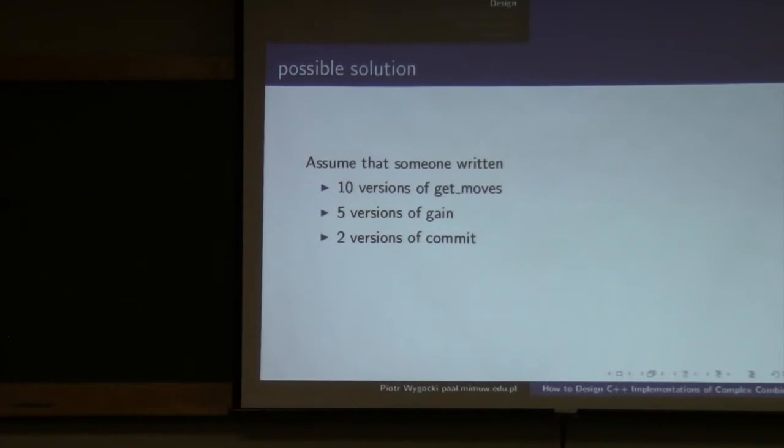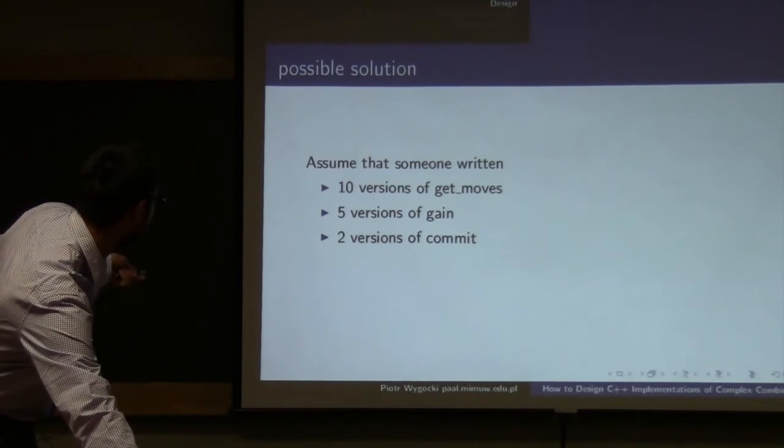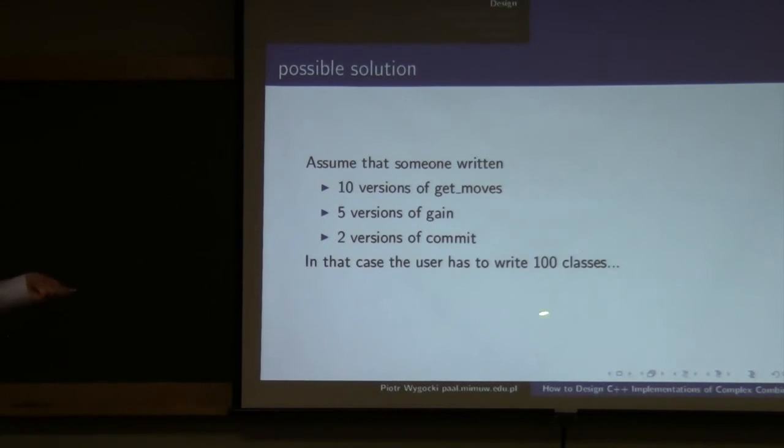So you very often write many versions of this get moves functor, many versions of gain, and many versions of commit, and you try to mix them together, combine them. And if you wanted to use this object-oriented approach, you would have to write 100 classes, because you essentially need all of these combinations. There are some ways of reducing that, but this is not very nice.